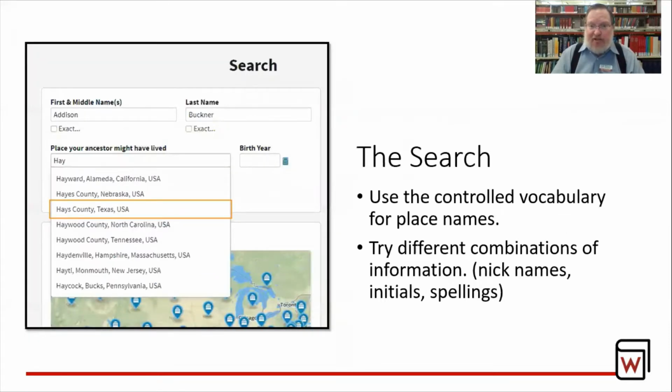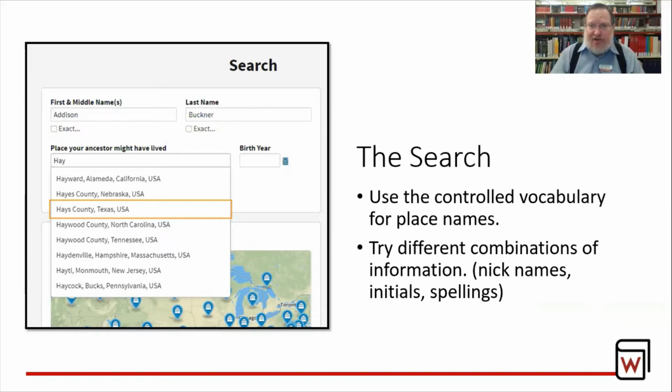My grandfather went by Addison, and that's family knowledge, so I put in Addison as a first or middle name, and last name Buckner. I should expect that I'm going to find something about him, knowing that his address was 323 Veramendi in San Marcos, Hays County.